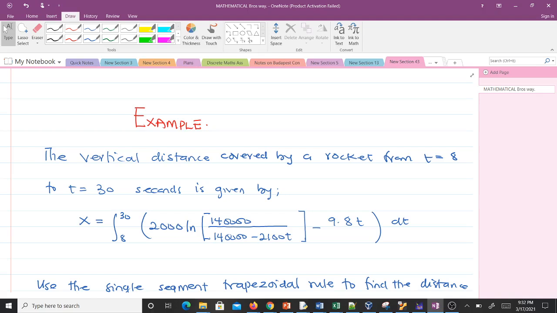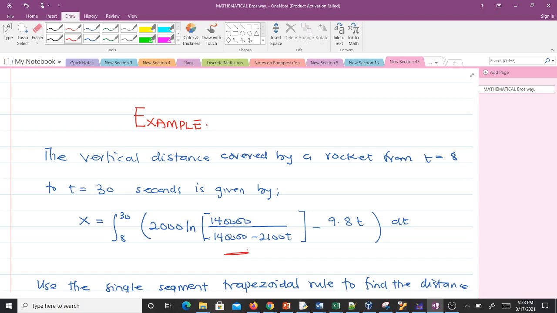Okay, I'm sure you might have seen this question somewhere. It's very simple. It says the vertical distance covered by a rocket from t equals 8 to t equals 30 seconds is given by what we can see here. Have you realized that this function looks a bit complicated, and integrating it analytically is going to pose some challenge?